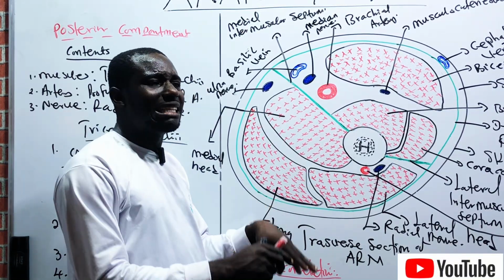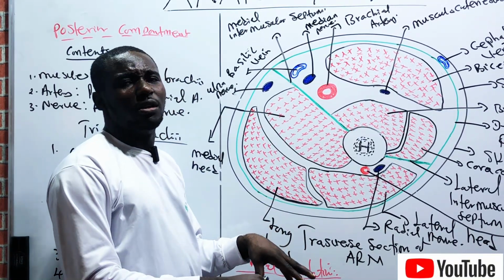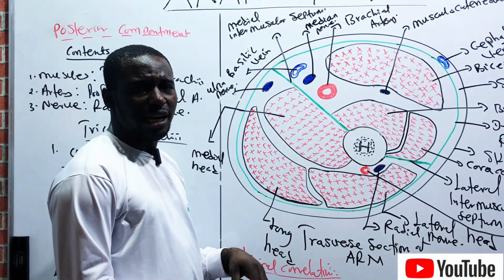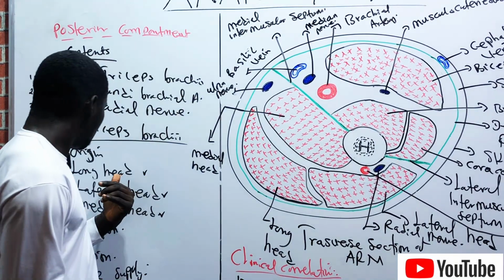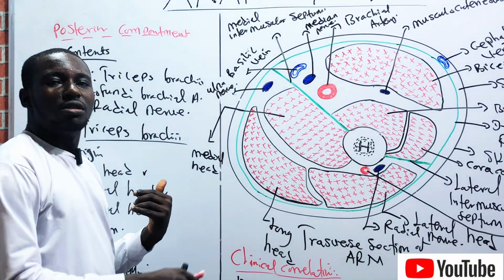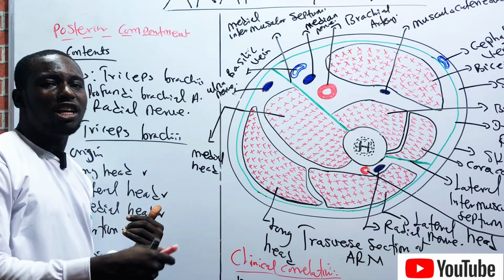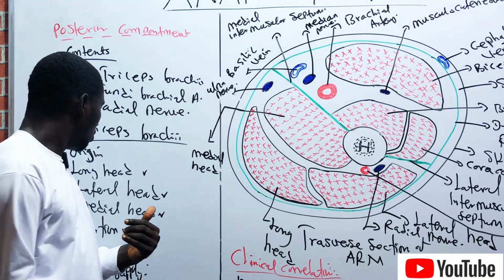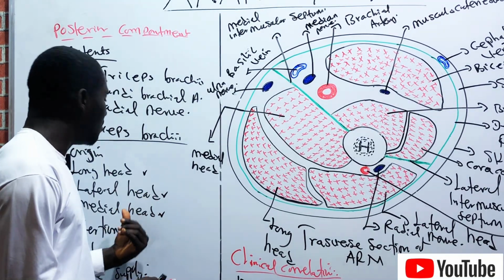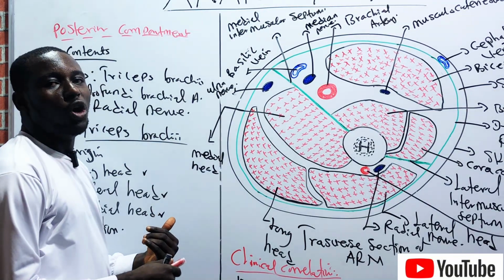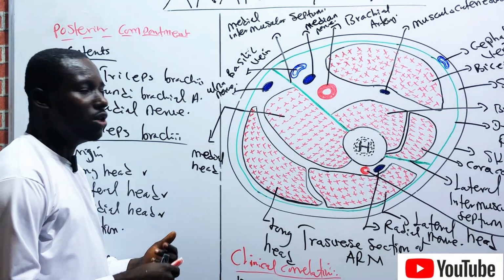Because the long head is innervated by the radial nerve in the axilla, it could only cause a lesion to the nerves of the lateral head and the medial head, because the injury was in the spiral groove or the oblique groove of the humerus.